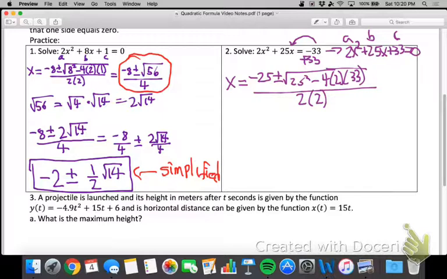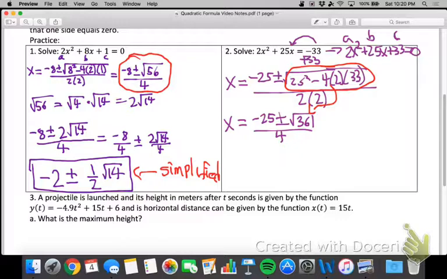Now if you evaluate and simplify inside the radical, you'll get plus or minus the square root of 361 all over 4. I don't have enough space to write out all the steps of simplifying this, but make sure you can do that and make sure that you get 361 when you do. Otherwise you might be calculating wrong.